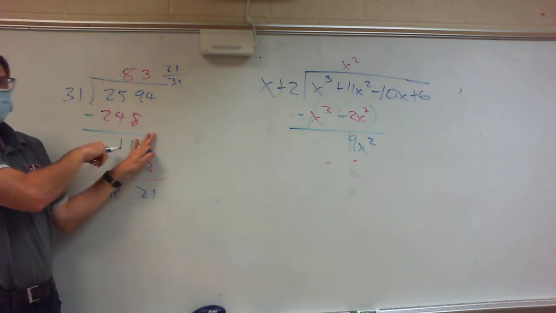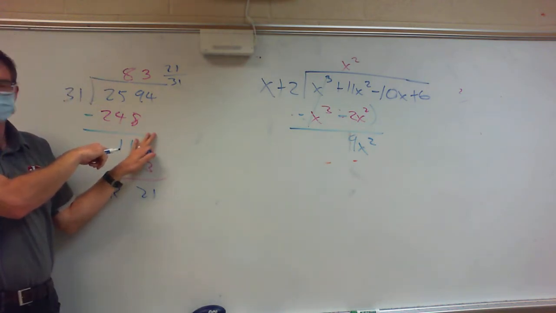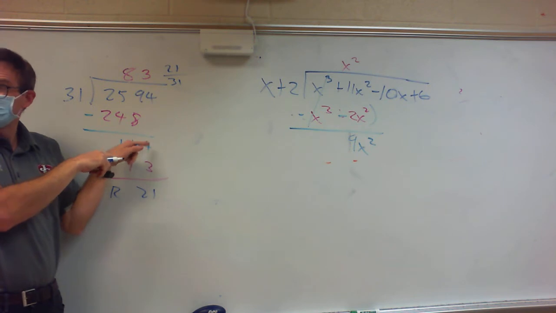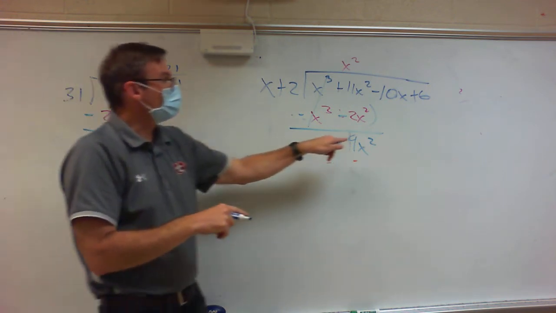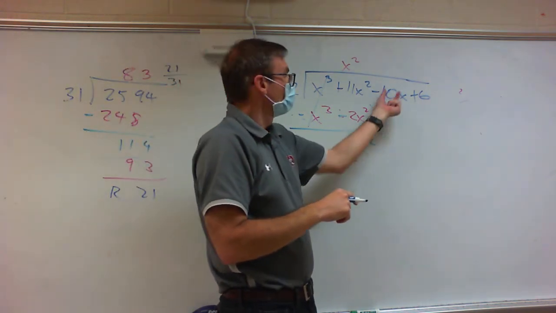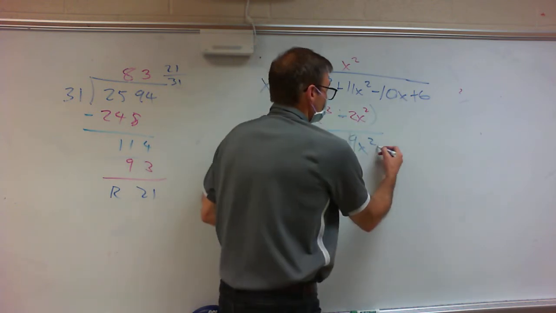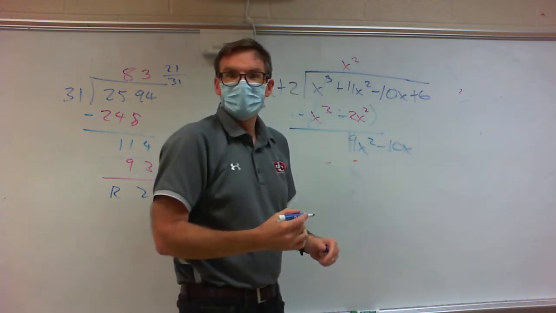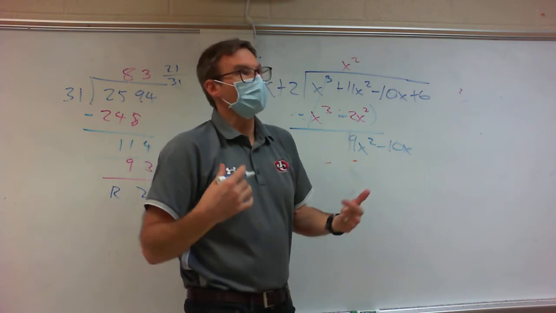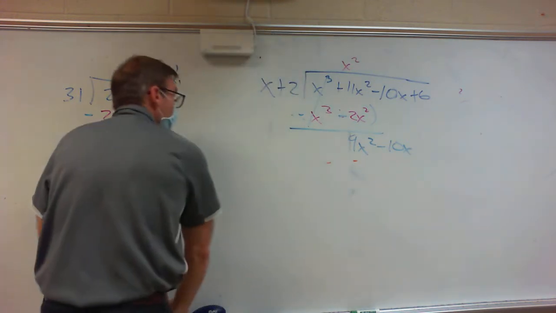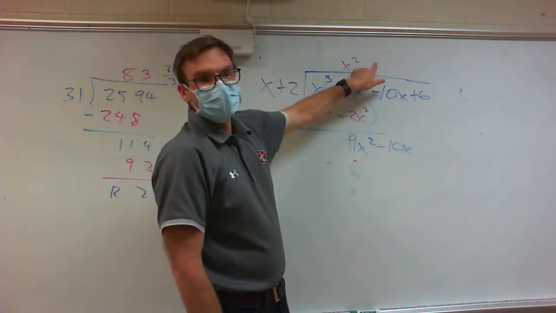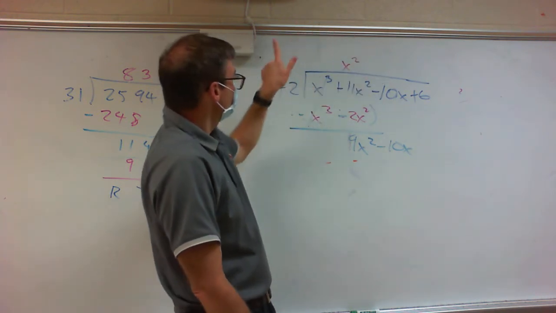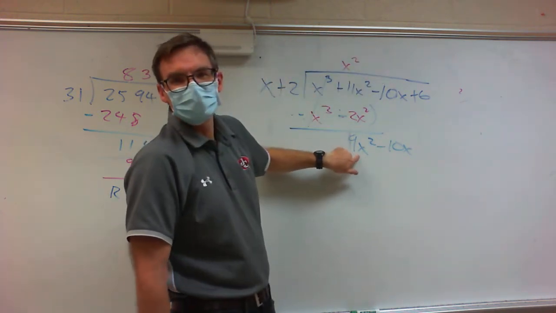Okay, that's where I got the 11. What did I do next? I brought down the 4, right? So what am I going to do here? Bring down the negative 10x. And now we start the process all over. We think about something here so that this times this exactly equals this.